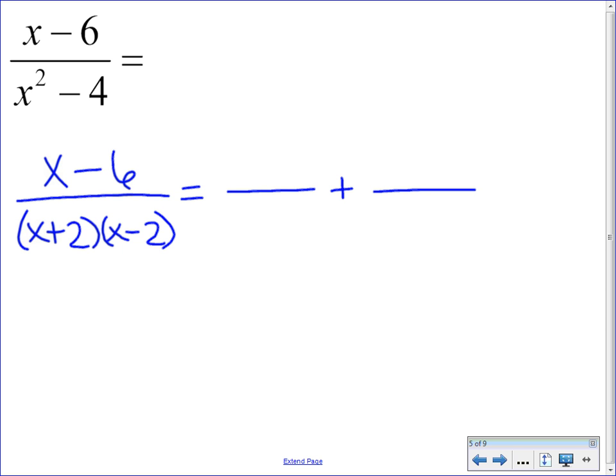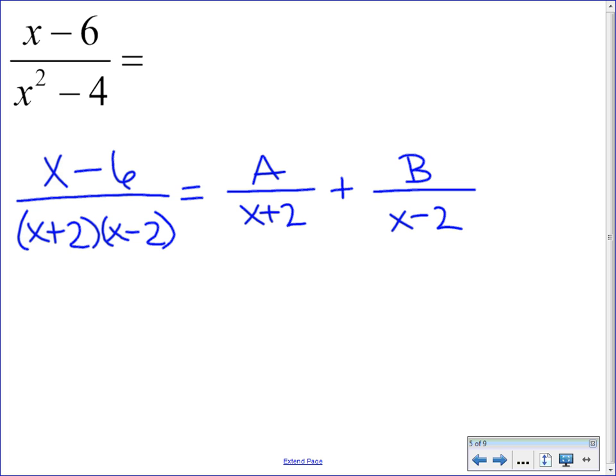Each fraction represented with each of these factors for a denominator. Our denominators are linear, which means the numerators are going to be a constant. We'll name them A and B.